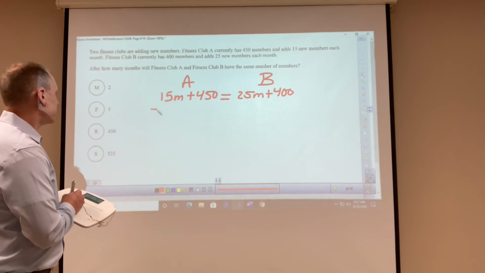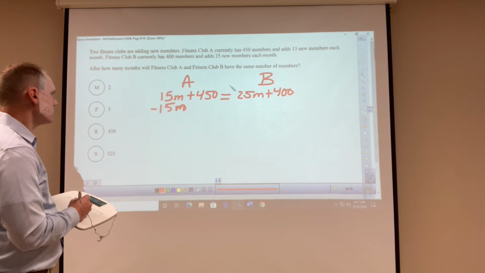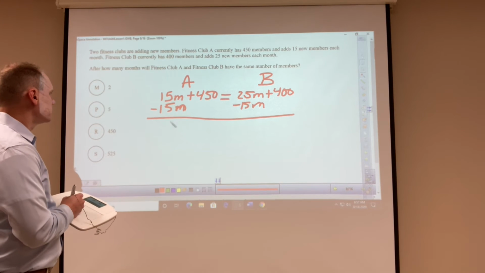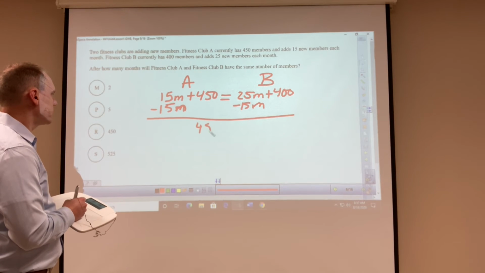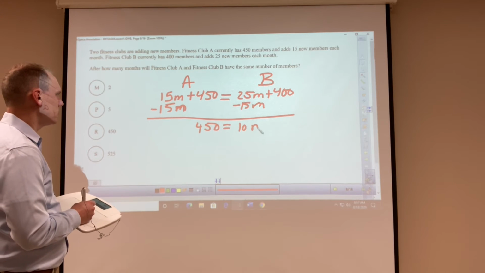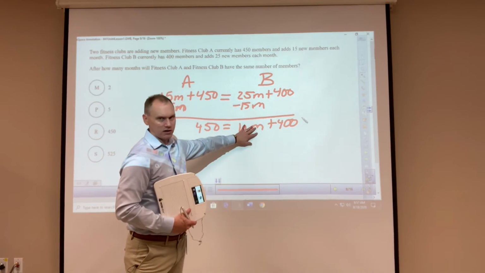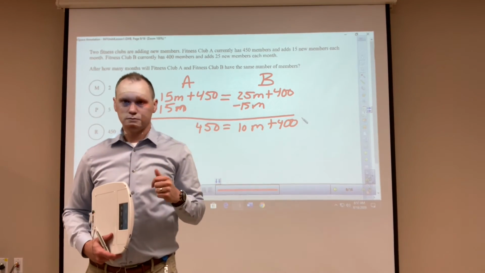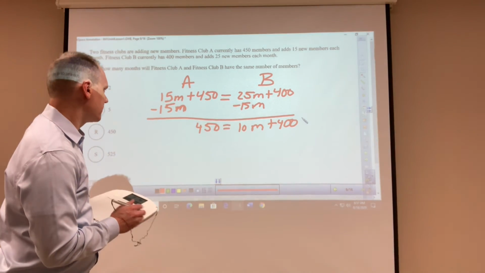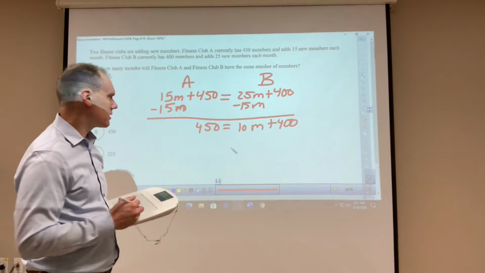So I'm going to subtract 15m on both sides. That leaves 0m over here, so it's just 450. 25m minus 15m is 10m, plus 400. Notice my m is positive now, so eventually when I go to divide, I'm going to divide by a positive number, not a negative number. It's a little bit easier and creates less room for error.